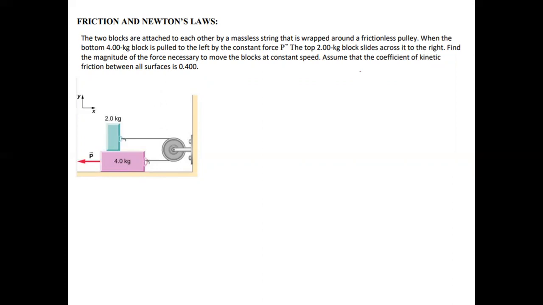Now, if we're going to bisect each block with their corresponding FBDs, for the 2 kilogram block we have the following forces. The weight of the block is 19.6 newtons, when we multiply the 2 kilograms with the gravitational acceleration 9.8 meters per second squared.